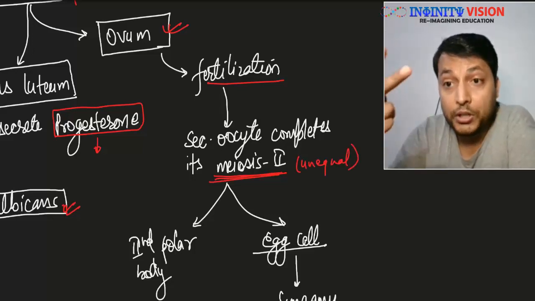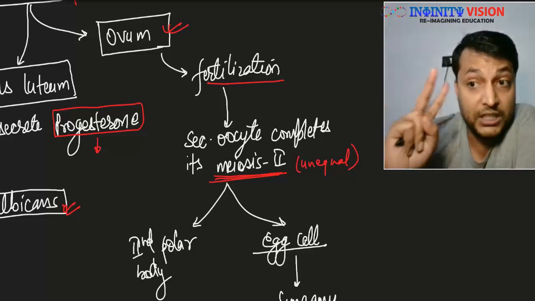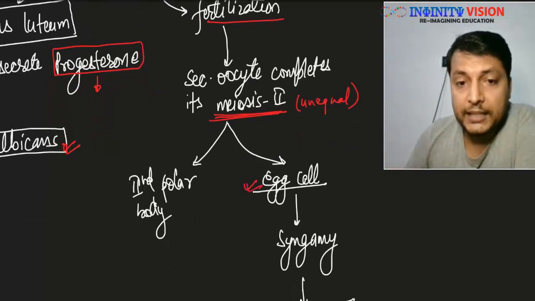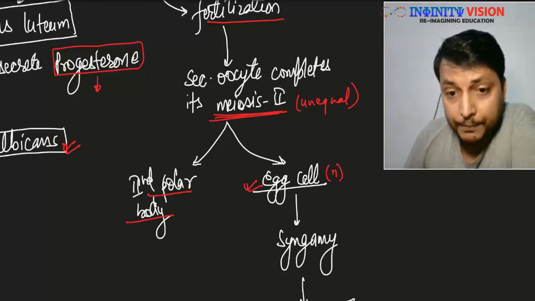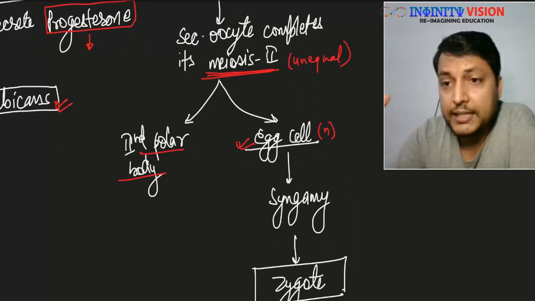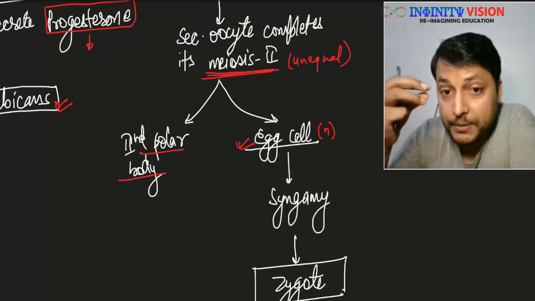Once it completes this meiosis 2, which is again an unequal division, it will form two daughter cells, and both will not be of equal size, right? There will be a larger egg cell and a smaller second polar body. Now this egg cell formed will be again what? Haploid. The egg cell cytoplasm also has the nucleus of the sperm.